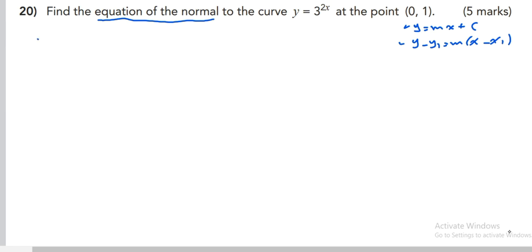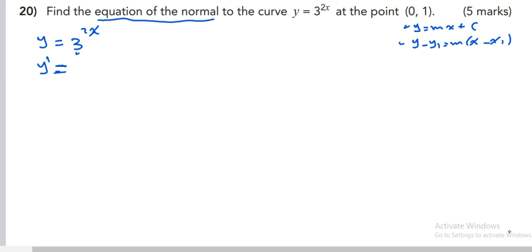First, y equal 3 to the power of 2x. We want to find the first derivative, so y dash equal. Here, this is an exponential function, but the base is not e. If the base is e, we have two parts for the differentiation: the function multiplied by the differentiation of the power.